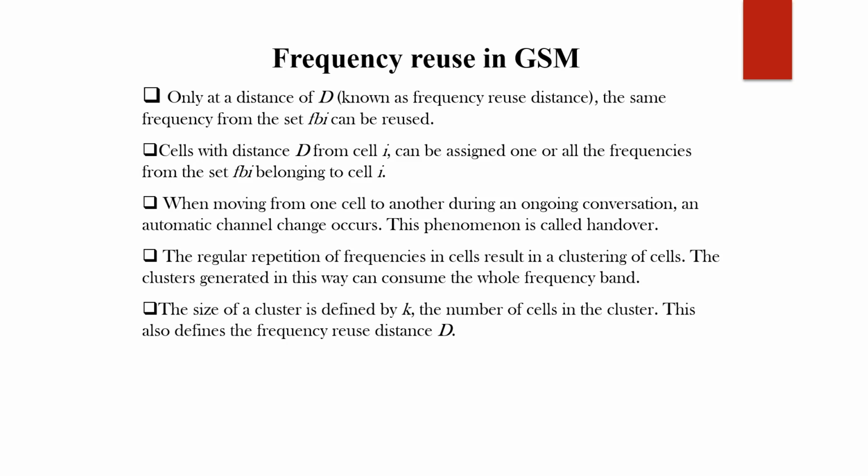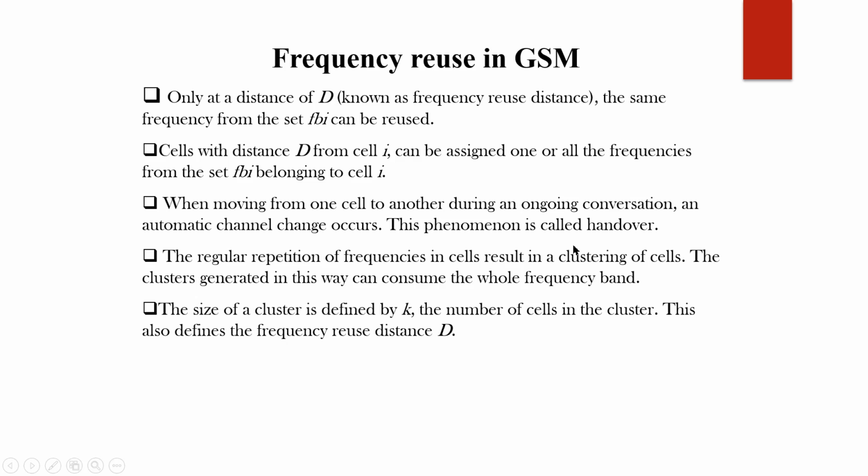As I told you, the two same frequencies are kept at a distance D from each other. When moving from one cell to another during an ongoing conversation, an automatic channel change occurs, and this is called a handover.